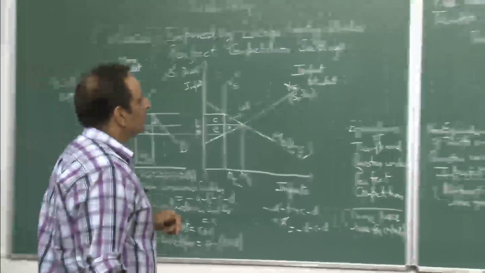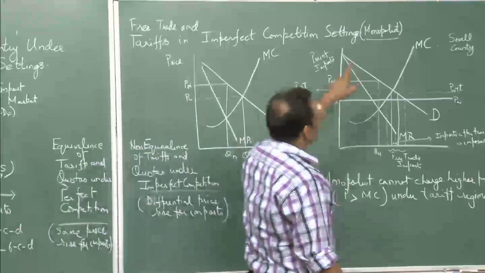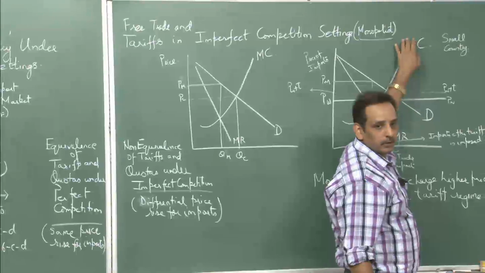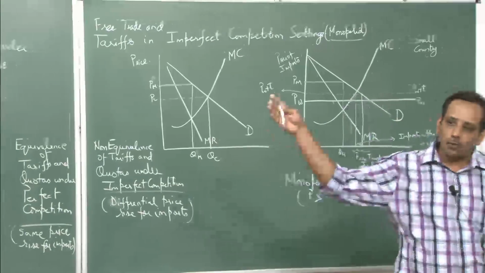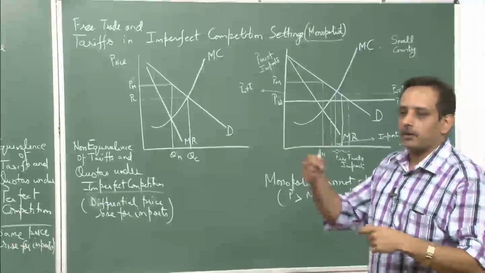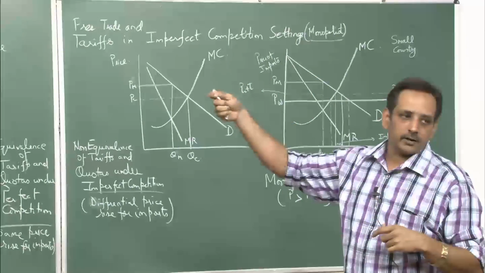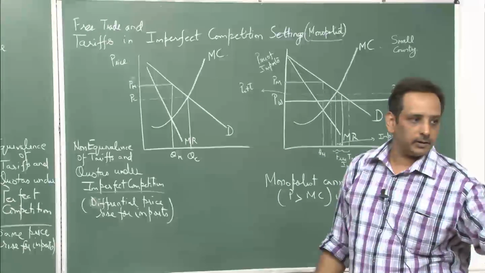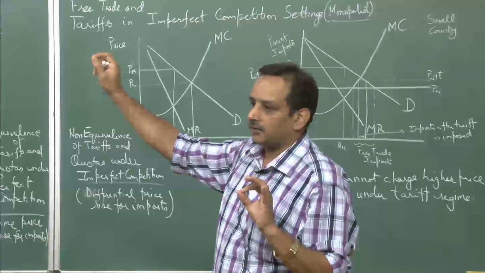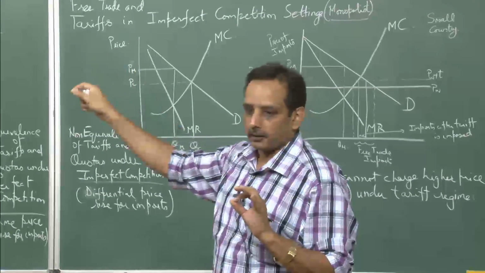Now the difference is that there is only a single producer of that particular product in the home country, and then there are so many suppliers of the same product, but they are all outside your country. So a monopolist in the home country and then a set of producers outside the country.